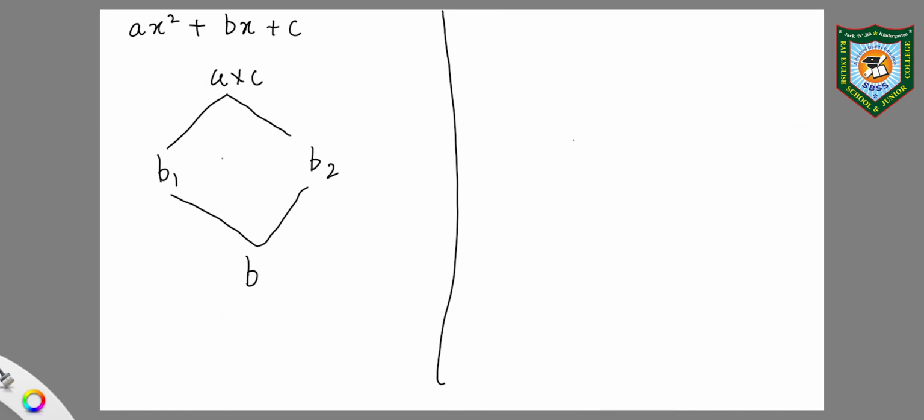Now here I have a question, 2x square plus 27x plus 13 is equal to 0. Before we start solving, we define our coefficients first. Our a value is 2, my b value is 27, and my c value is 13.